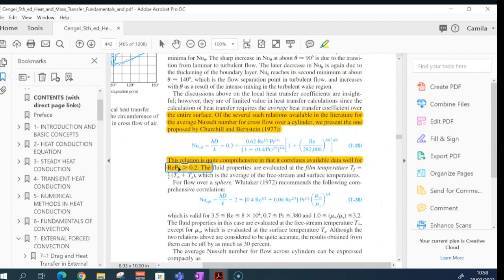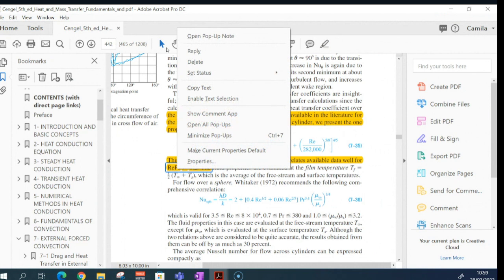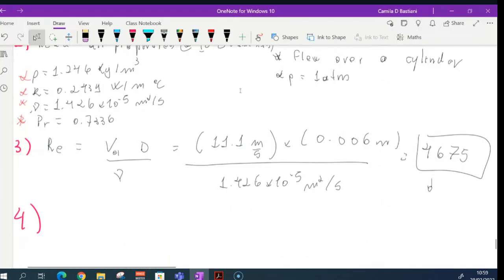So this is a very comprehensive relationship that applies for a huge number of Reynolds numbers. But my limitation here is the product of Reynolds and Prandtl number. You could verify it by multiplying your Reynolds by your Prandtl.